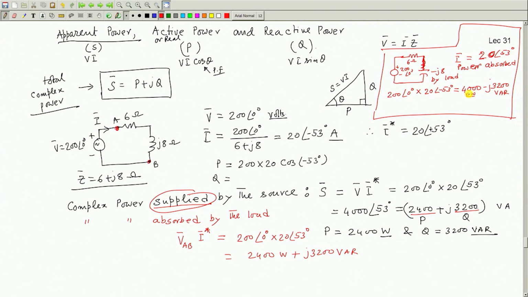That means the reactive power absorbed by the capacitive load is minus 3200. Had it been inductive, we would have said it is absorbing. So, it is absorbing minus 3200 var, meaning it is delivering 3200 var to the system.